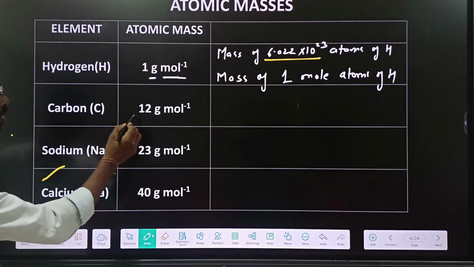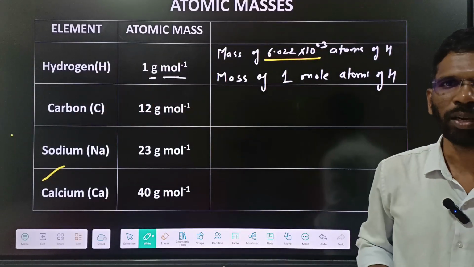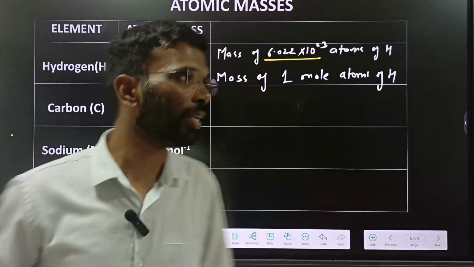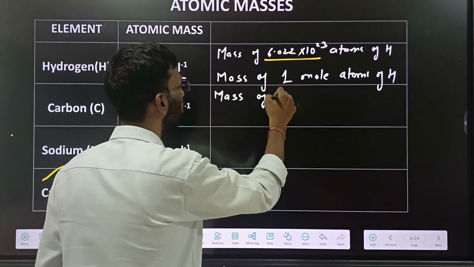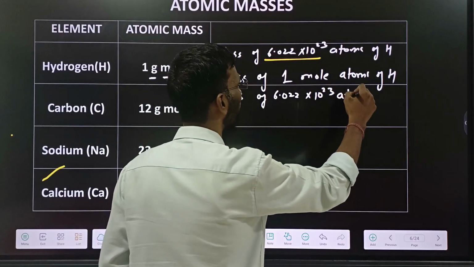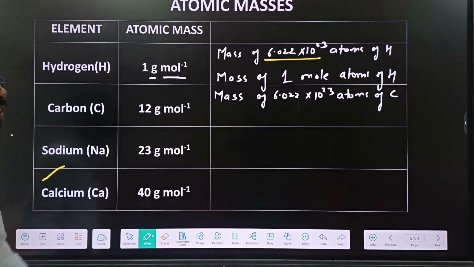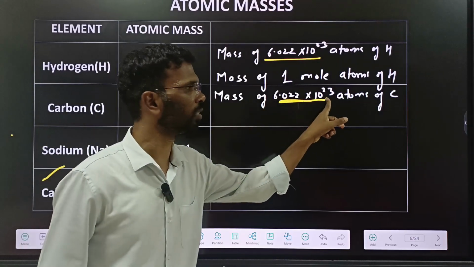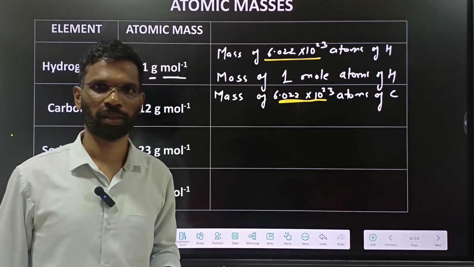Further, carbon atomic mass is given as 12 grams per mole. Now 12 grams per mole means what? It is the mass of 6.022 into 10 raised to 23 atoms of carbon. See, the element is changing, the number of atoms is the same, 6.02 into 10 raised to 23 atoms of carbon.